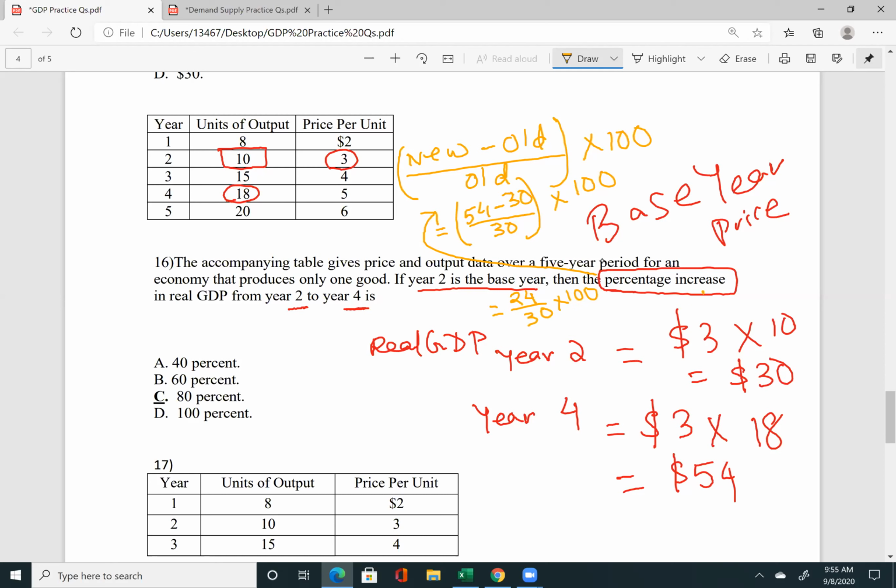If we do the calculation, 24 over 30 times 100, yes, my answer is 80%.